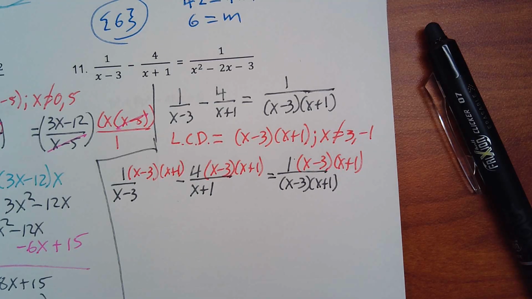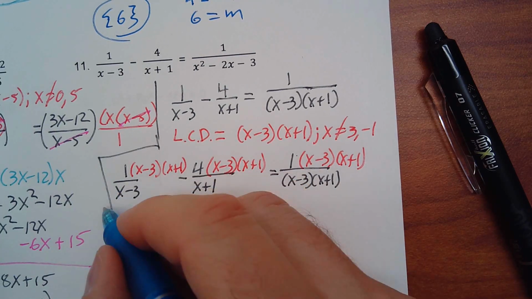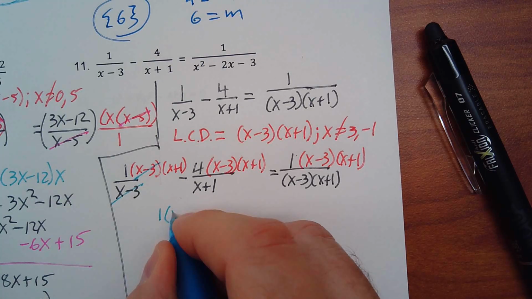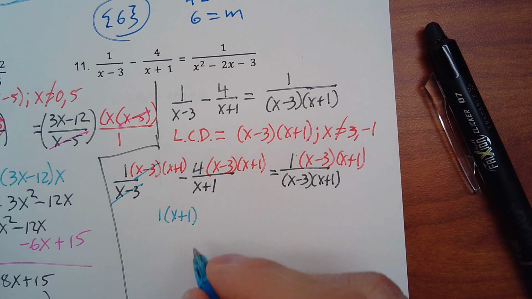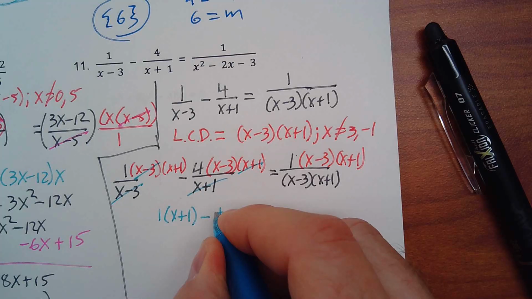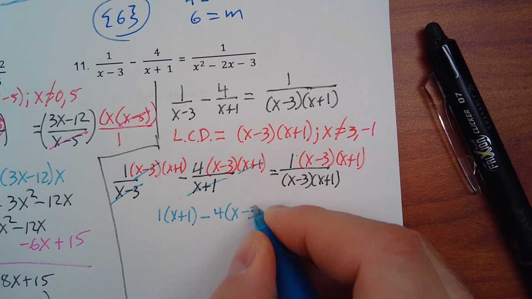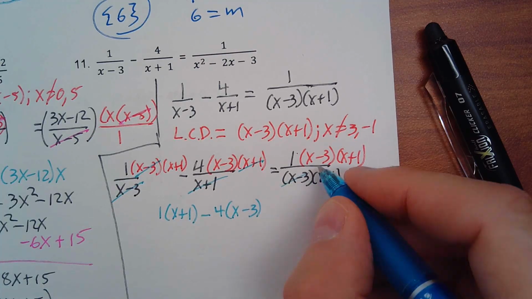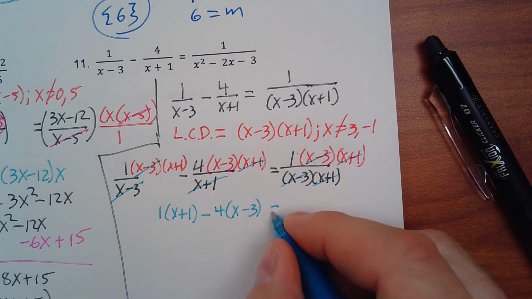Take a moment, let the blood get back into your hand. Take a deep breath. And say, okay, on this first one, x minus 3 is divided out. We just get 1 times x plus 1 is my leftovers. Second one, the x plus 1's divide out. We'll get minus 4 times x minus 3. And the last one, well, everything divides out. So you're just going to be left with a 1 there.